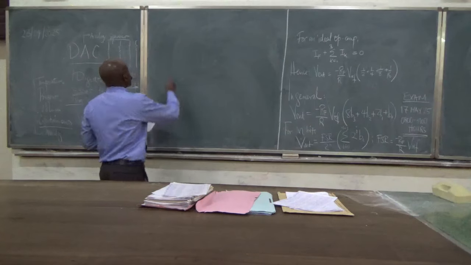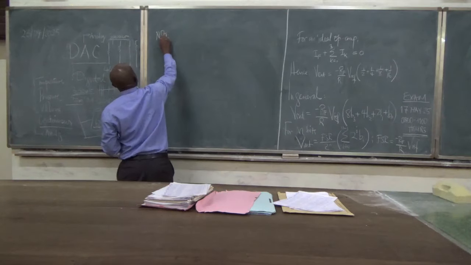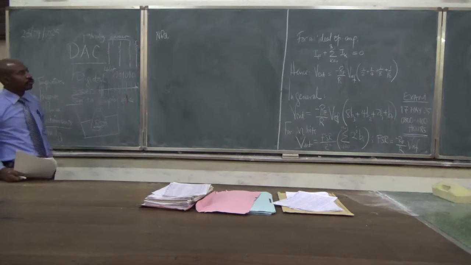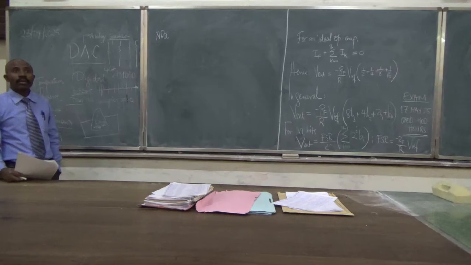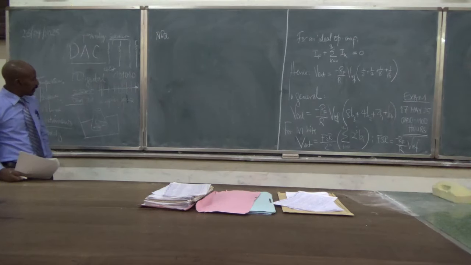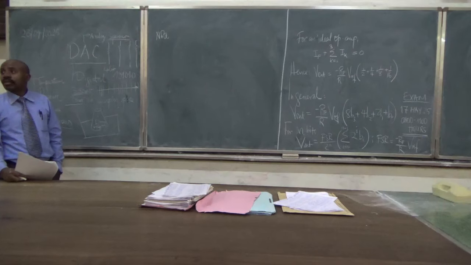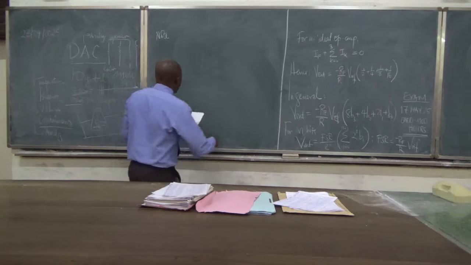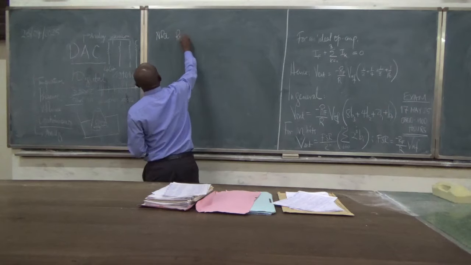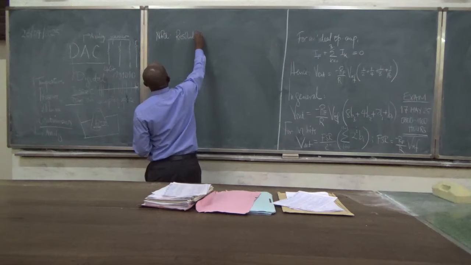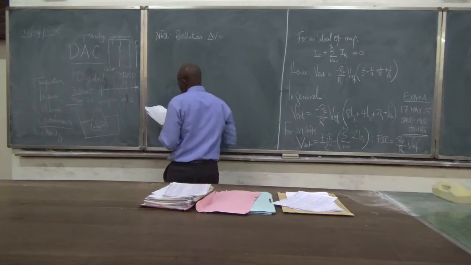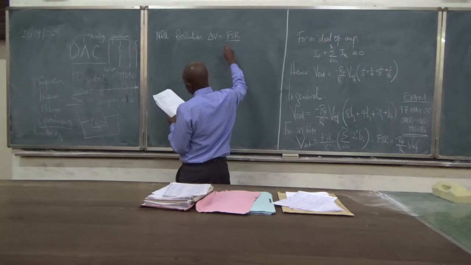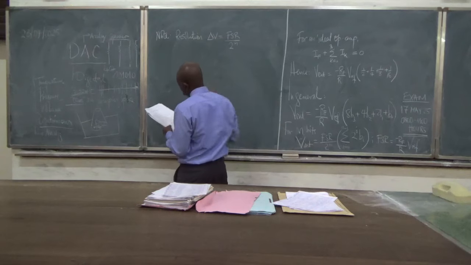Note, any time we want to look at the signal transforming from analog to digital, or digital to analog, it is of paramount importance to know the resolution. And the resolution, delta V, will be the same as the full scale range over 2 to the power n.